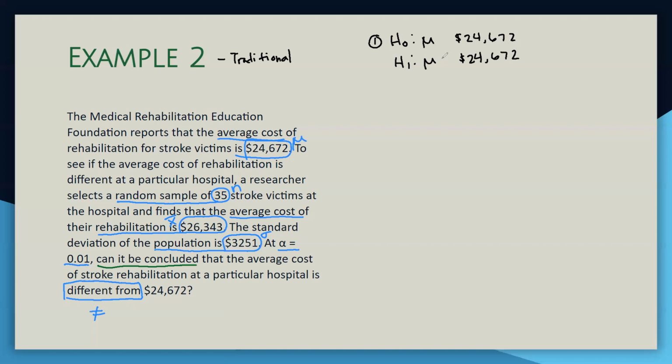And then I know my alternative is different from, and the opposite of different from is equal to, and we always know that our null can be equal to. I'm going to label my alternative as the claim because that is what that last problem sentence is asking us about. Can it be concluded that the average cost is different from that 24,672?